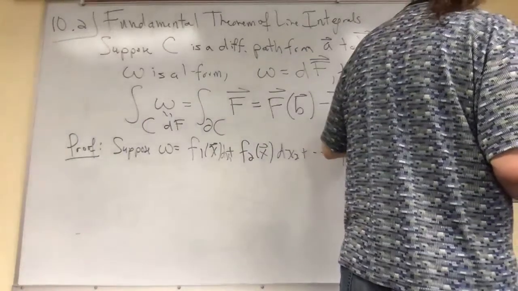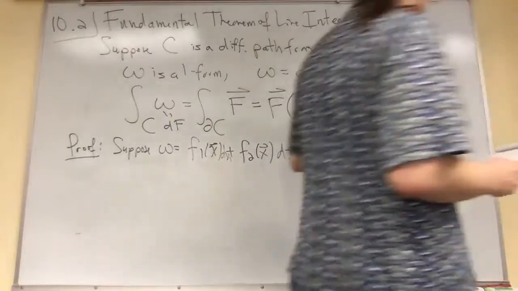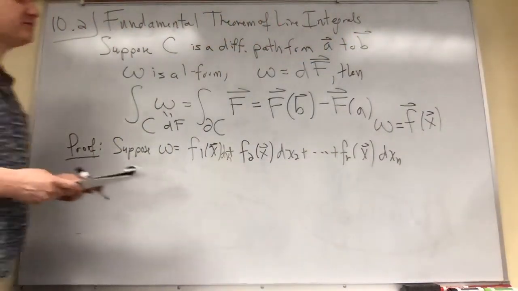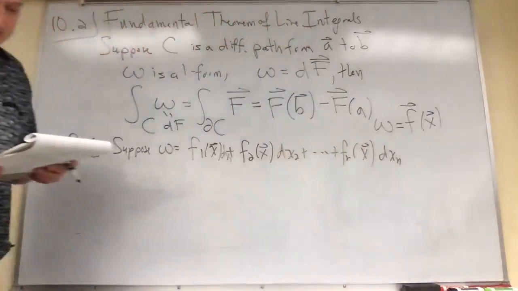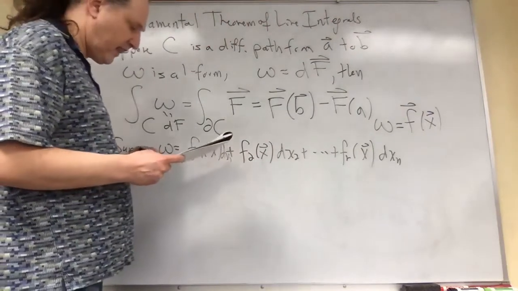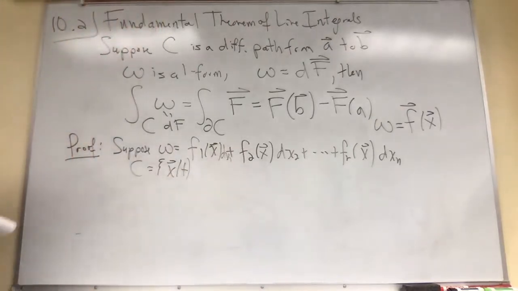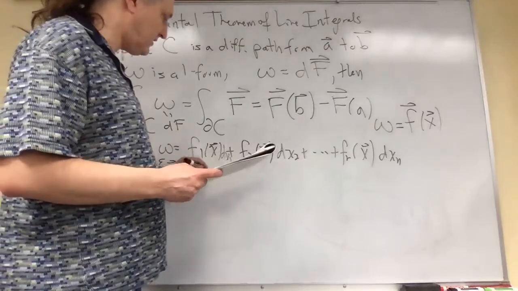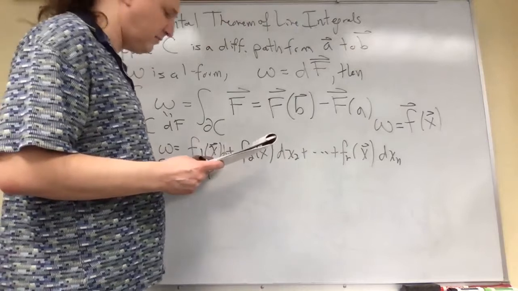We could call omega, or at least associate it with, some vector field. That is something that you put a vector in and you get a vector out. All right, and our curve is some parametrized curve that is vectors for every time value, and time values go from A to B.